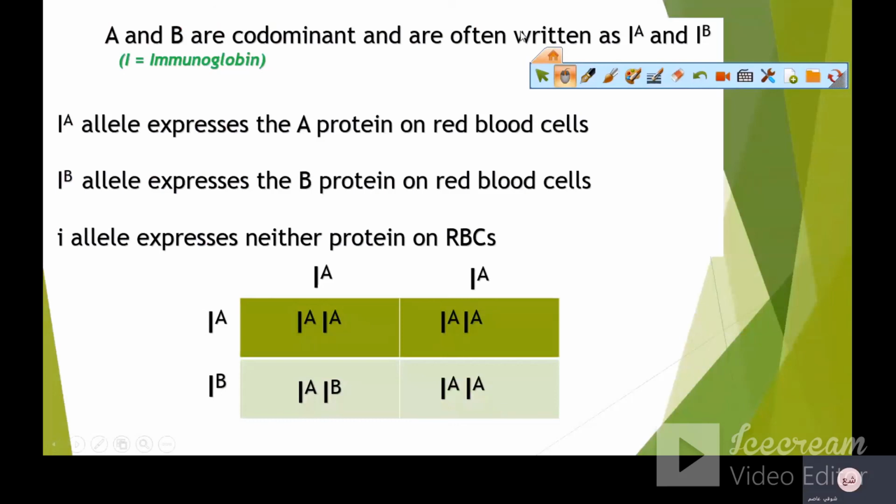What's meant by IA and IB? The IA allele expresses the A protein on the RBCs, or red blood cells, while the IB allele expresses the B protein on the red blood cell, while the small i allele expresses neither protein on RBCs.